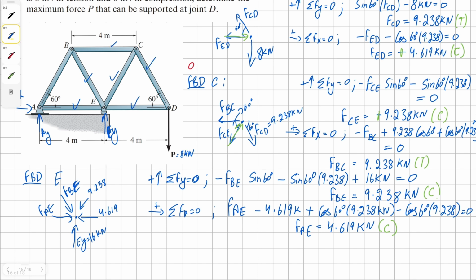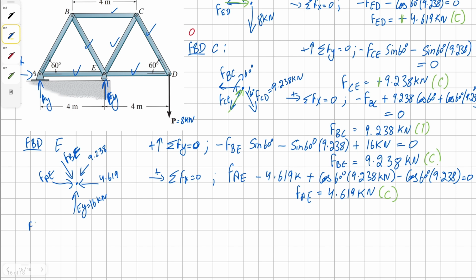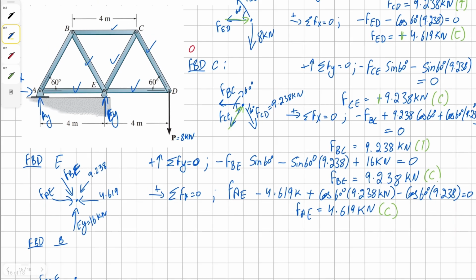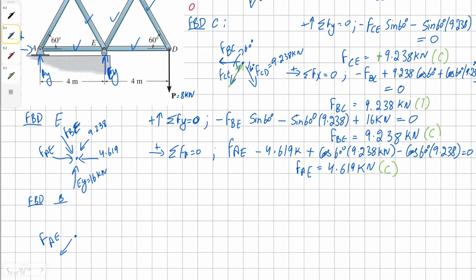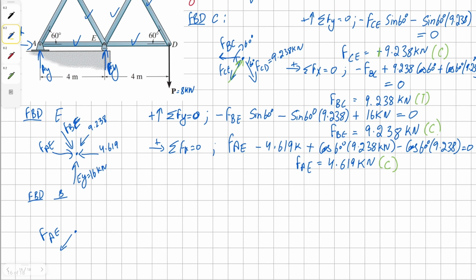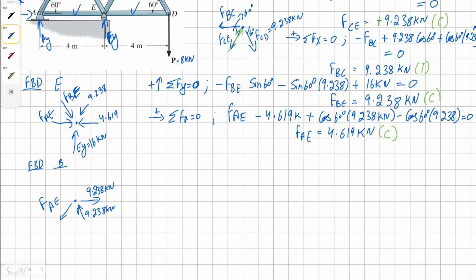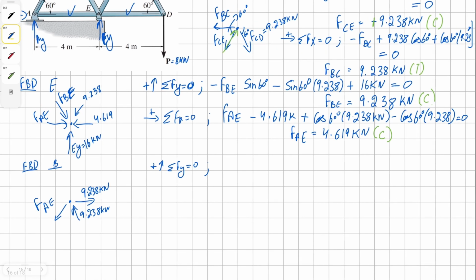The remaining member is member AB, and this we can easily solve using joint B. We have the unknown vector of AB from member AB. And then for member BC, we have this member in tension. Then we have BE in compression. Now we can sum the forces in the vertical direction to find our solution for member BE.